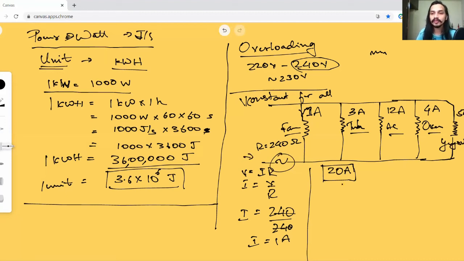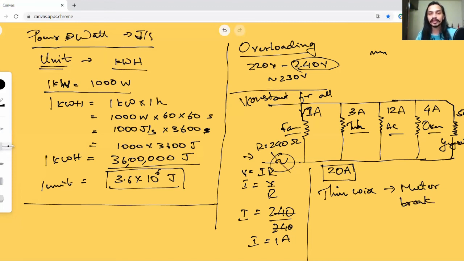What the fuse does is, it's a very thin wire compared to the remaining wires in your house. Because it's a thin wire, it can only handle so much current. If there is more current than it can handle, meaning if there is an overload, this thin wire is going to melt or break, because of the high amount of current and the heat it generates.